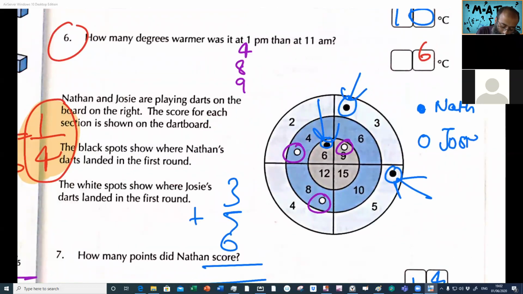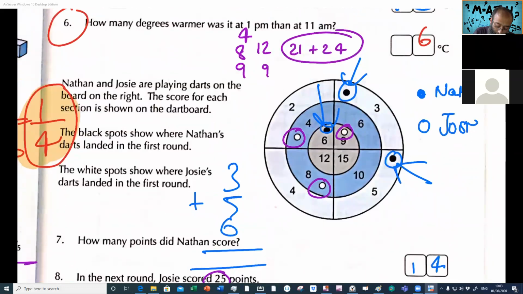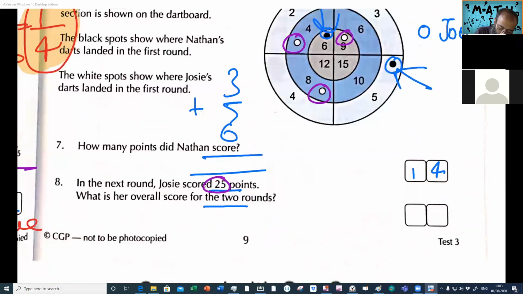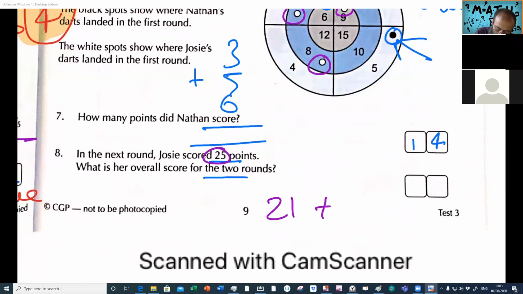So 4 and 8 is 12. 12 add 9 will give you 21. 21 add 24 will give us 40. Okay, have I missed something out? It's 25. Oh, sorry, 25. That's why. The answer is 46, sir. Yes, it is. So you've got 21, add 25, which gives you 46.